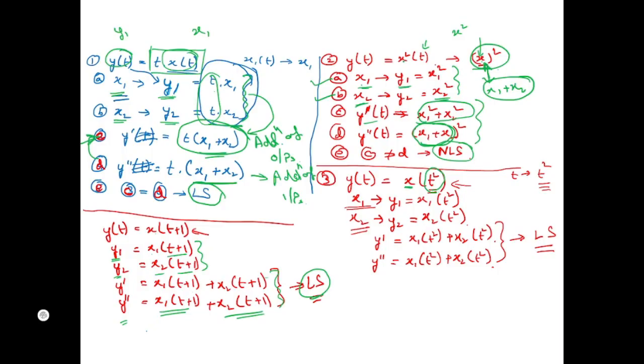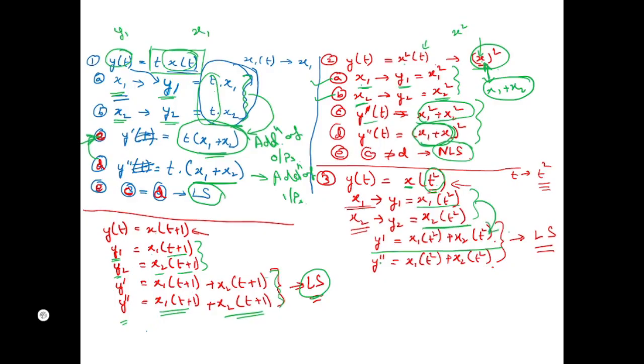Here the input is a function of t square. When we have x1, we get x1 of t square. When we have x2, we get x2 of t square. And y dash is x1 of t square plus x2 of t square.